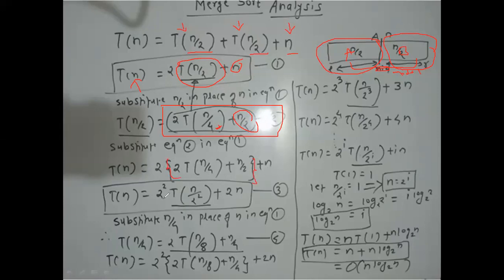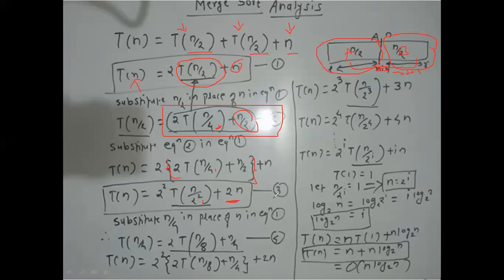Here 2 into 2 is 2 square, T of n by 4, we can write 4 as 2 square here, plus here 2n by 2, the 2 cancels, we get the value 2n. So when we substitute the n by 2 value in this equation, we get this.